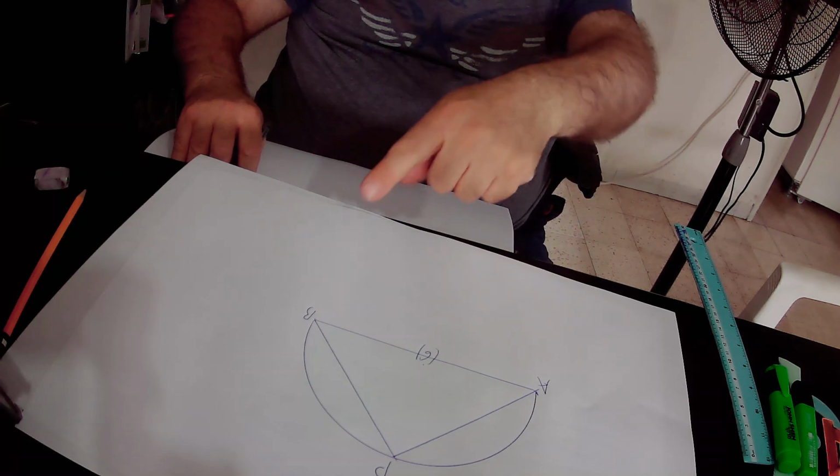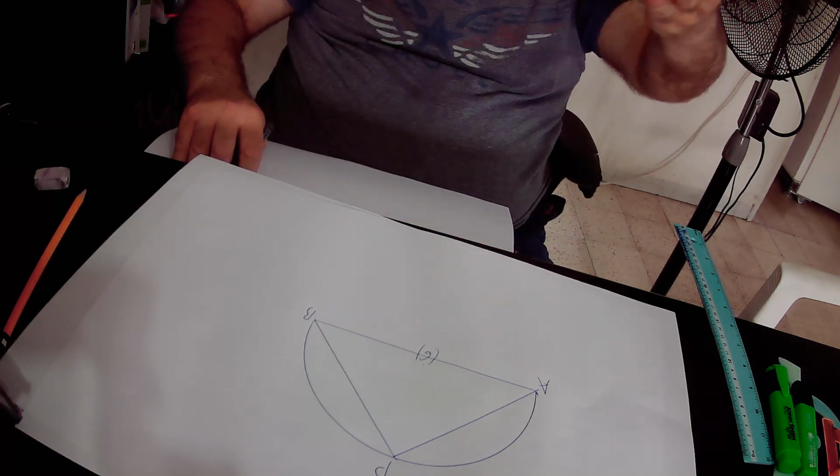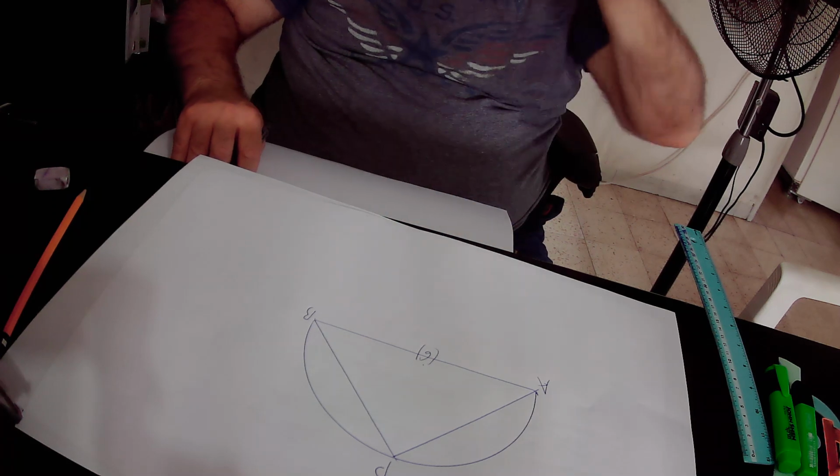So, by joining points P and B together by a straight line, we created peripheral angle APB.